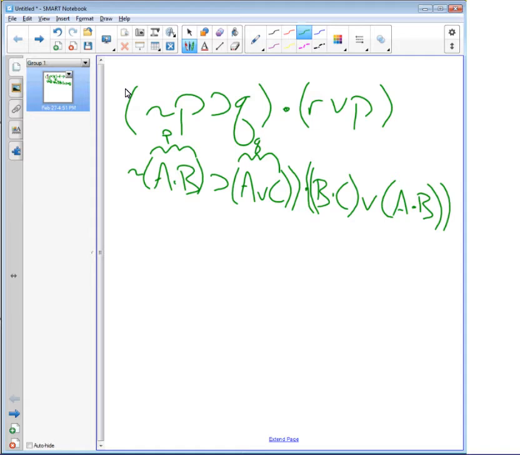And then we have a dot for our major operator, so that's good. Then R is B dot C. That's okay. And then we have our wedge. And then we have A dot B again, which is P again. Does that make sense to everybody?